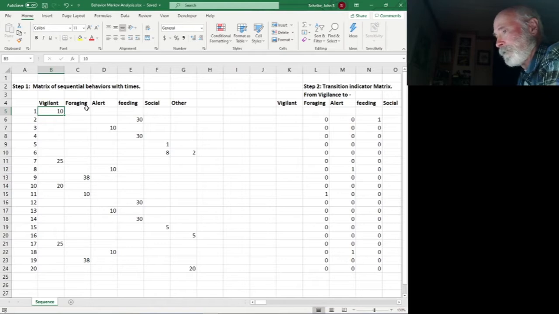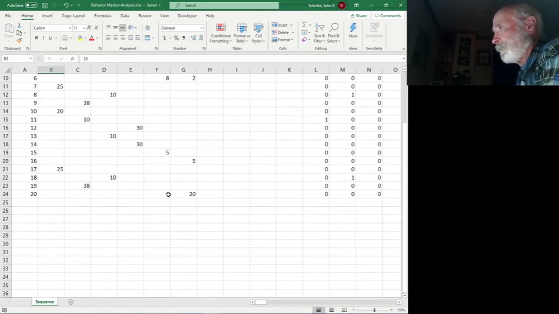What I've done here is just made up some data. These aren't anybody's numbers. In this example, the first time I imagined I saw this animal, it was being vigilant for 10 seconds. The next thing it was feeding for 30, alert for 10, and so on. And I have here 20 sequences. You may go on and on, whatever's needed.